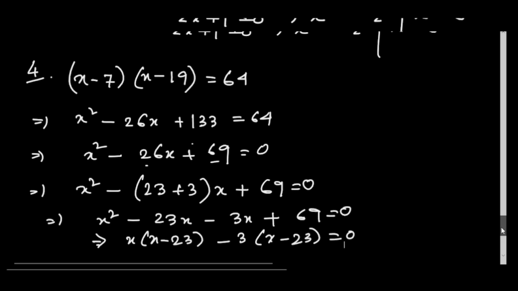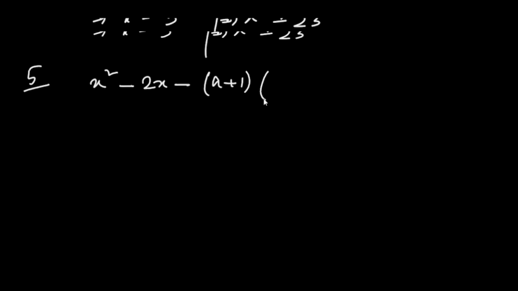Next one, question number 5. x squared − 2x − (a + 1)(a + 3) = 0. Here what we'll do, this 2, we are going to represent by using these two terms, a + 1 and a + 3.